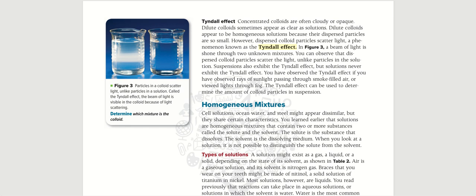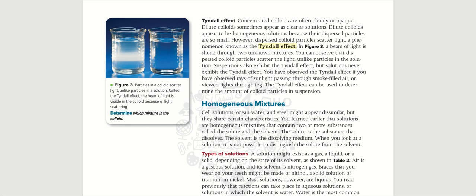Tyndall effect is scattering of light when it passes through colloid. We all know that light moves in straight lines, and it passes through different media like glass, like water. So if there is a beaker containing water, suppose the light passes in a straight line. Yes, it will refract, but it will pass.